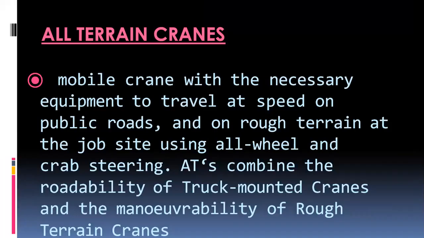All terrain cranes: mobile cranes with the necessary equipment to travel at speed on public roads and on rough terrain at the job site, using all wheel and crab steering. They combine the road ability of truck mounted cranes and the maneuverability of rough terrain cranes.